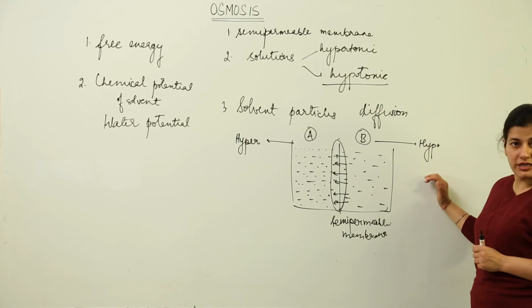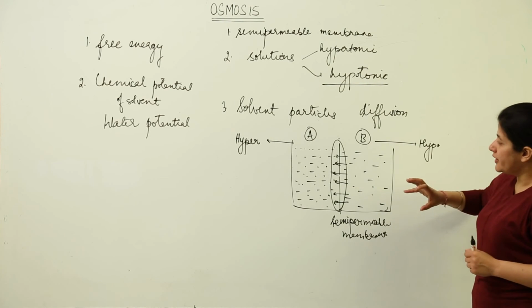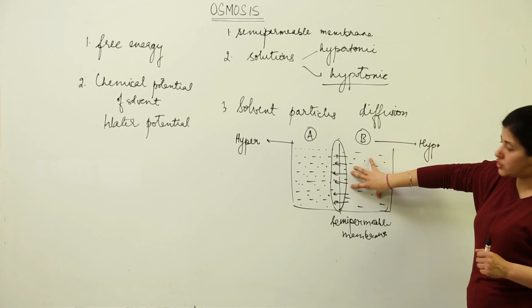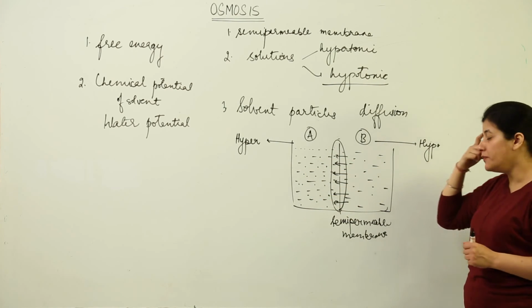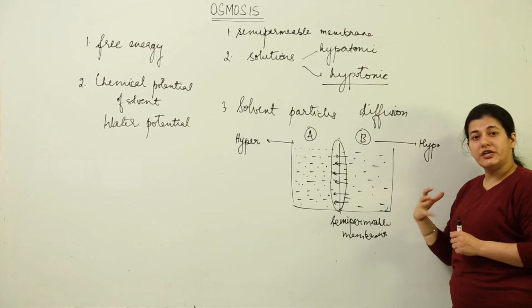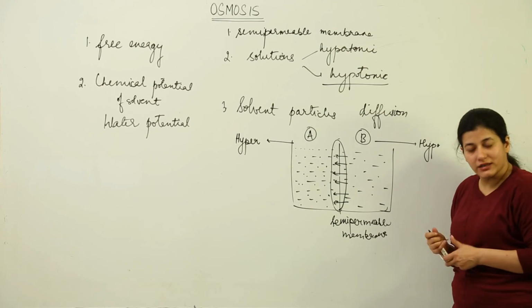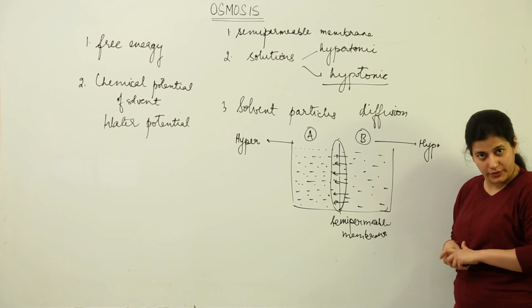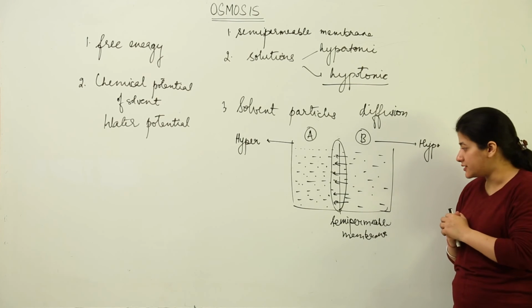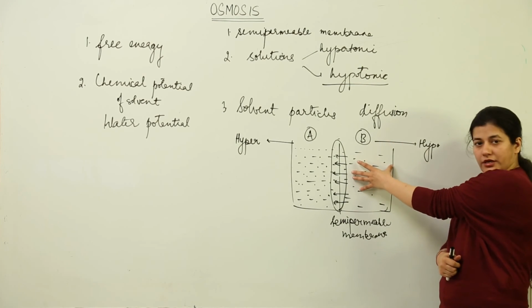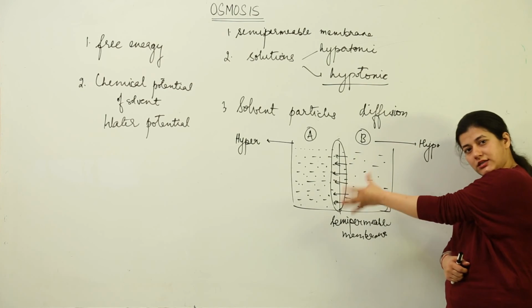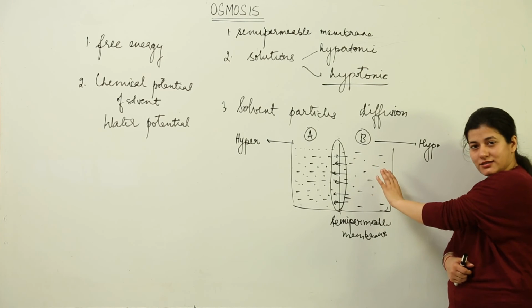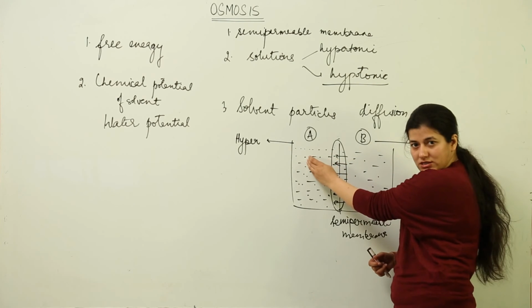In terms of chemical potential, the solvent has higher chemical potential over here as compared to this region. Why is it so? Because, as you can see, chemical potential depends upon the number of particles that are present in a given region, or molar concentration you can say. Now this solvent over here, consider it as water. The solvent over here is again in higher concentration as compared to the solvent in this region.